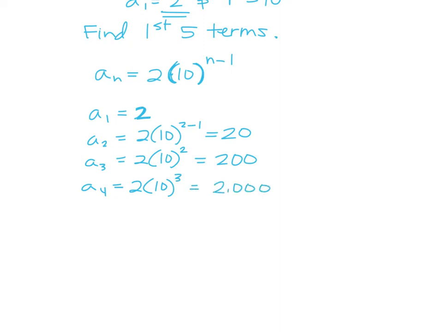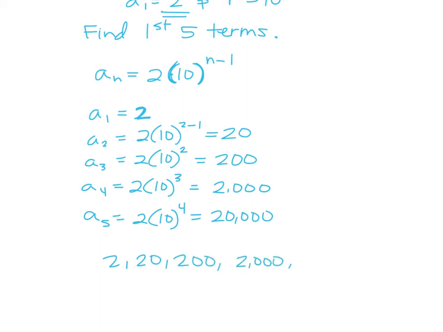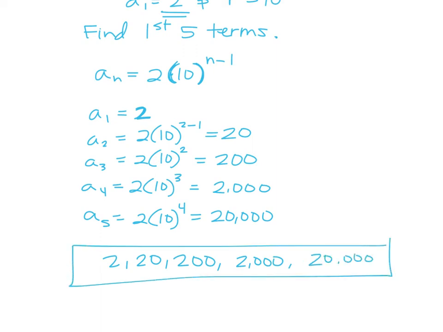And then the fifth term, 2 times 10 to the 4th power is 20,000. So your sequence would be 2, 20, 200, 2,000, 20,000. That's your sequence. Okay, questions on that?